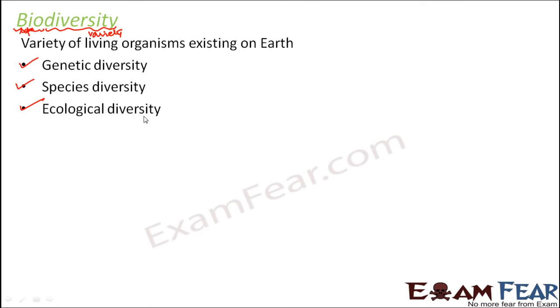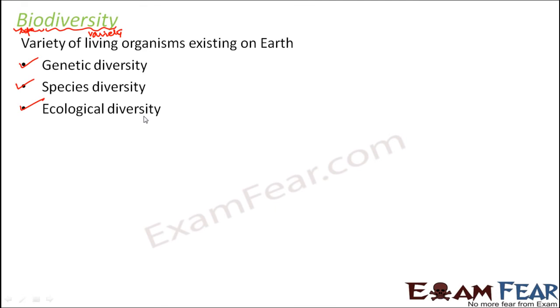This is diversity at the level of ecosystems. We have already learned that there are several ecosystems which exist on Earth. Each ecosystem will have a different biodiversity. For example, again if I take the same example of a restaurant, let us suppose there is one restaurant which gives more variety of desserts, and another restaurant which gives you more variety of starters.